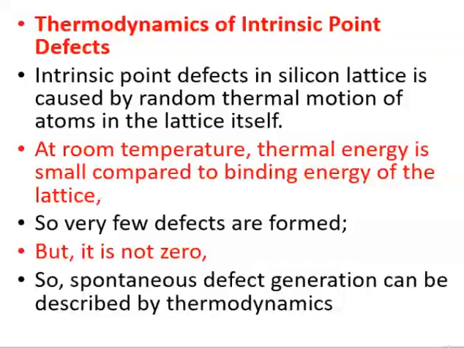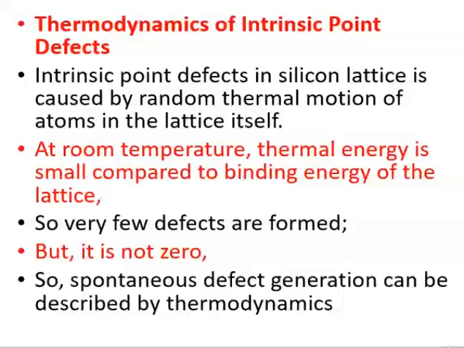If you can remember, we have explained that the defects actually don't happen at absolute zero temperature, that is 0 degree Kelvin, but whenever there is a rise in temperature to around room temperature, 25 degrees Celsius or around 300 degree Kelvin, there are some defects. So these defects are caused, as we have seen, by the random motion of atoms in the lattice itself whenever there is a thermal increase.